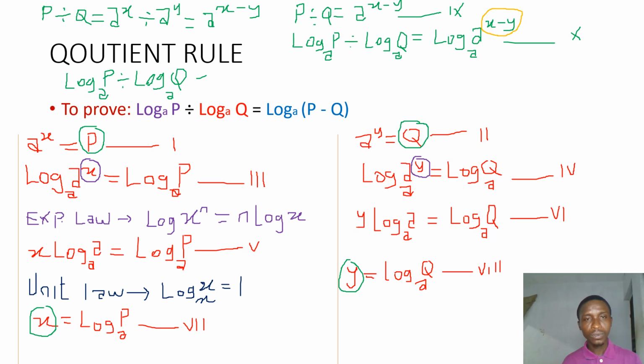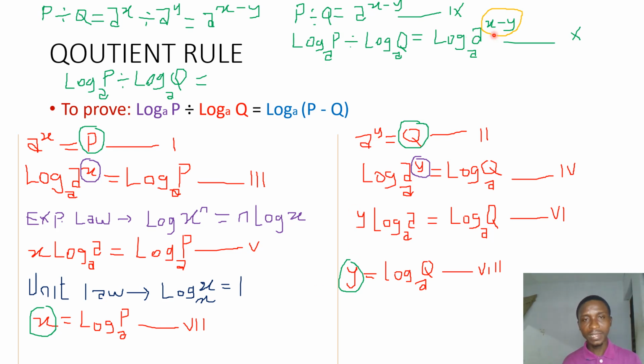equal to, now this is what we want to achieve. We want to bring this down, x minus y, using the exponential rule which we have stated here. This exponential law, when you have log x raised to power n, that will give you n log x.